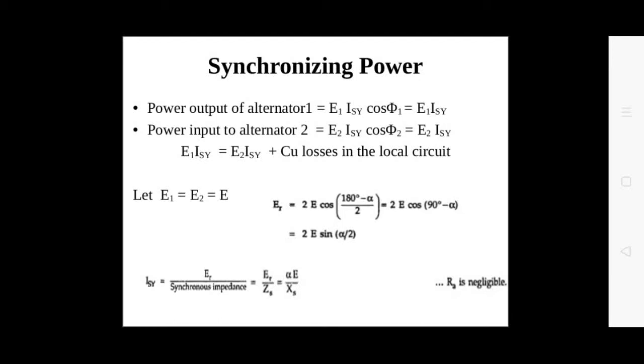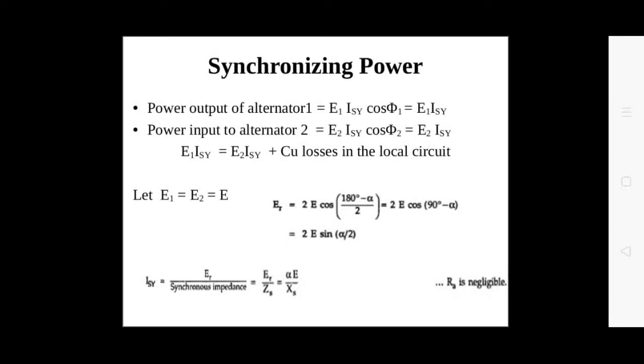Now let E1 equal E2 equal E, and let the magnitude of the resultant EMF be ER, which is given by ER equal to 2E cos (180 minus alpha) by 2, which is equal to 2E cos (90 minus alpha by 2), which is equal to 2E sin alpha by 2.